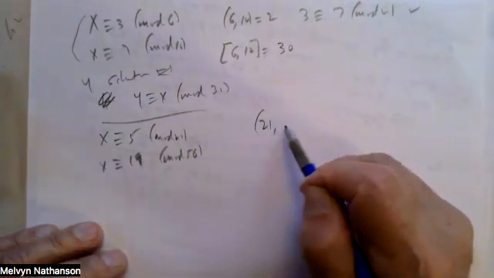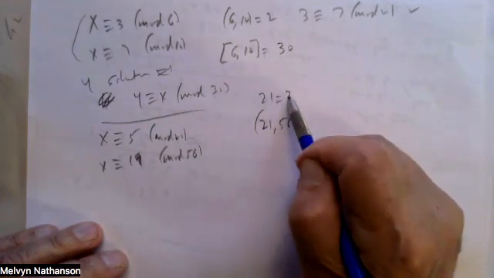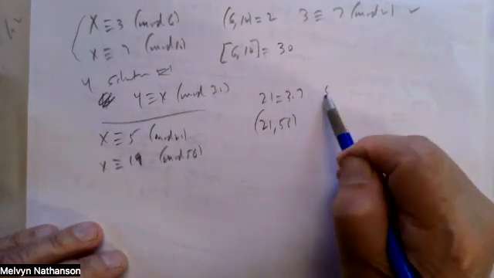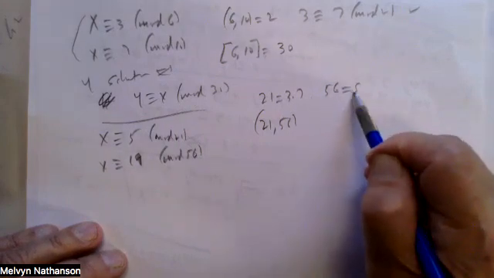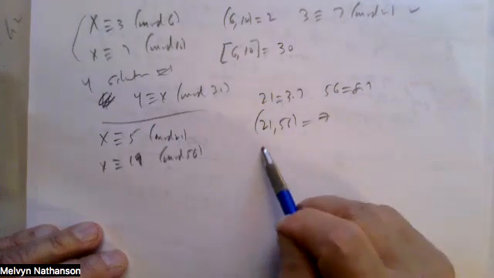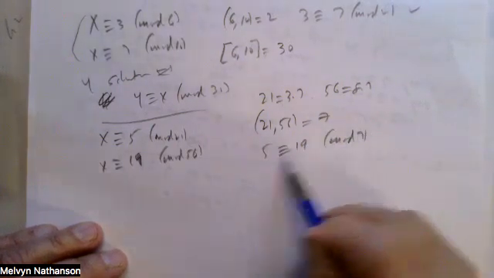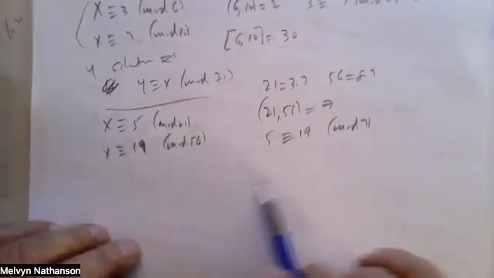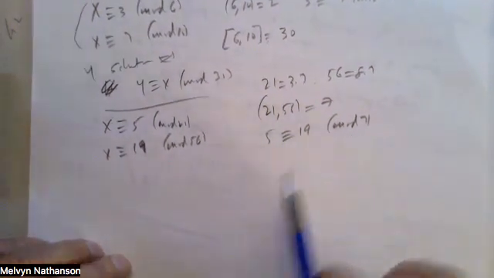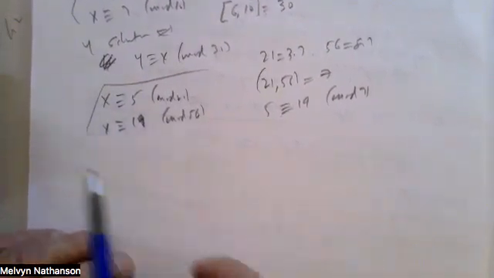So the greatest common divisor of 21 and 56: 21 is 3 times 7, 56 is 8 times 7. The greatest common divisor is 7, and 5 is congruent to 19 mod 7 because the difference is minus 14, which is divisible by 7. So this pair of congruences has a solution.